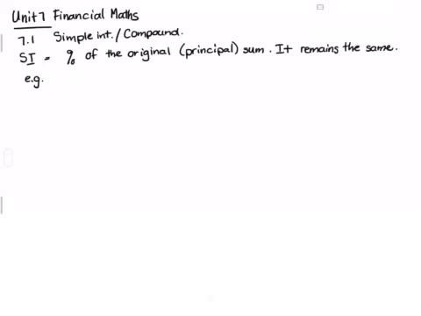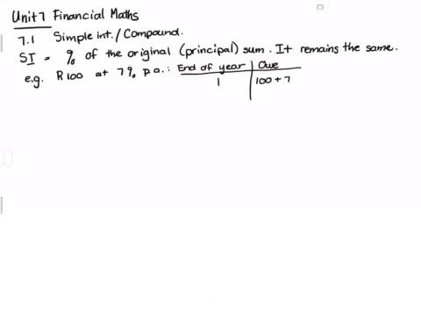E.g., you borrow 100 Rand at 7% per annum. So end of year 1, let's say you borrowed it, then you owe the 100 that you borrowed plus the 7, which is 7% of 100.